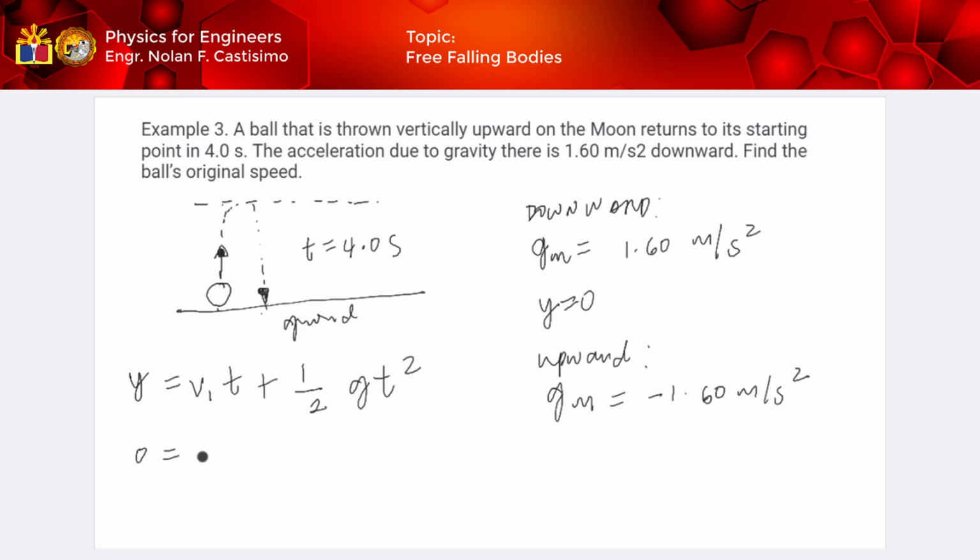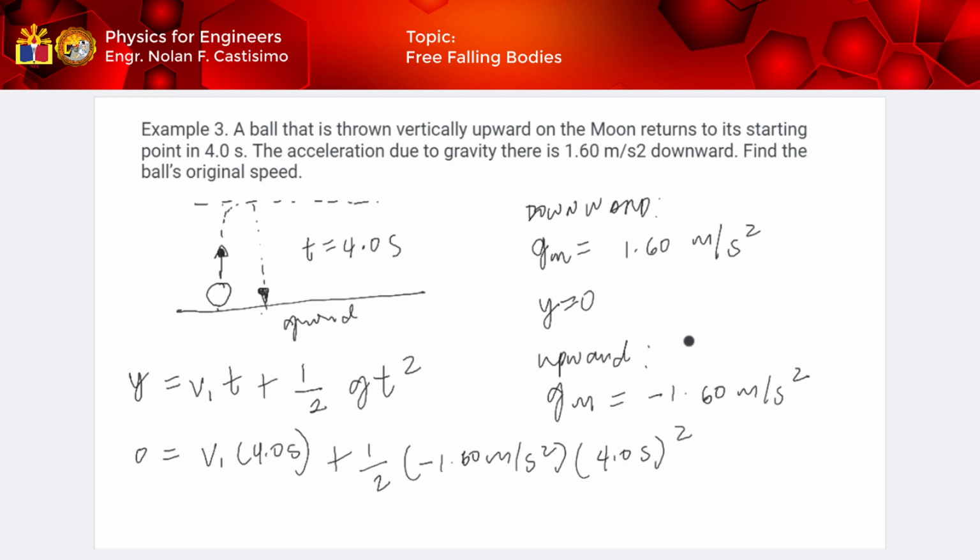So, v1, so 4.0 seconds na lang yan, plus one half g natin, downward, so negative yan, negative 1.60 meters per second squared. And then, time natin, 4.0 seconds squared.